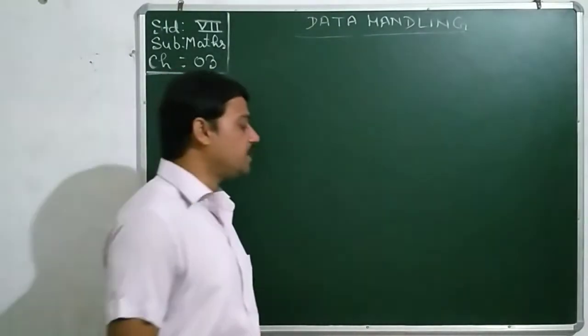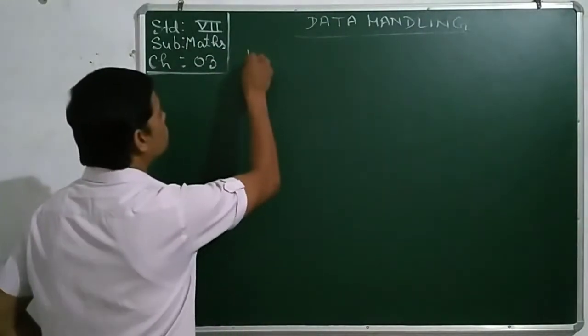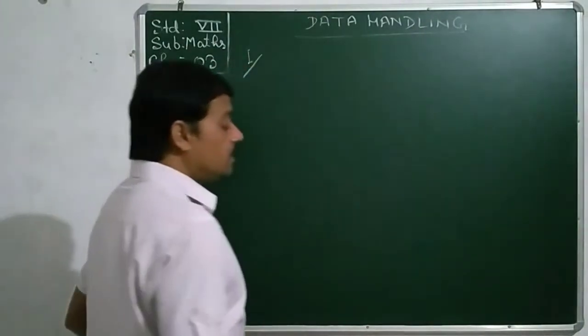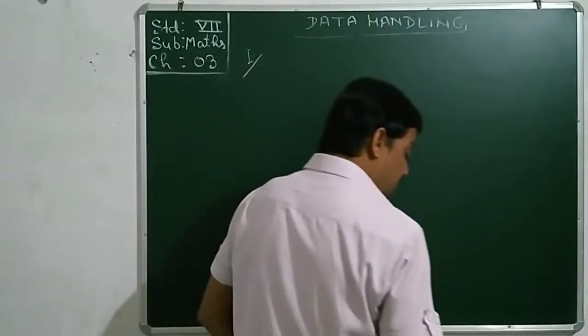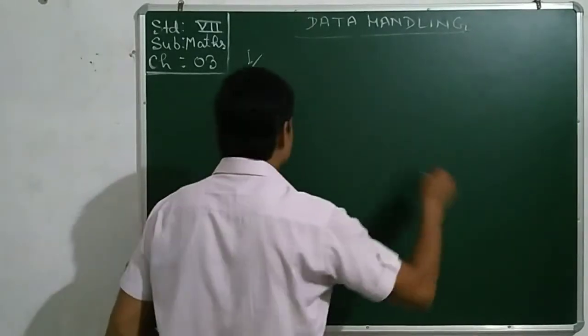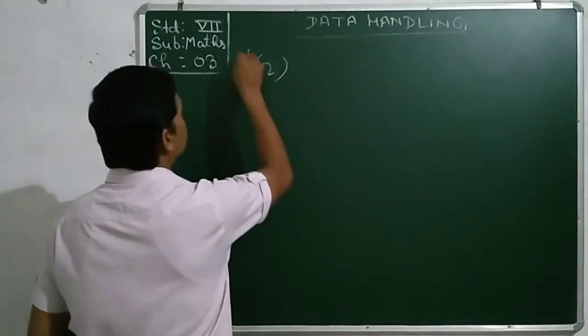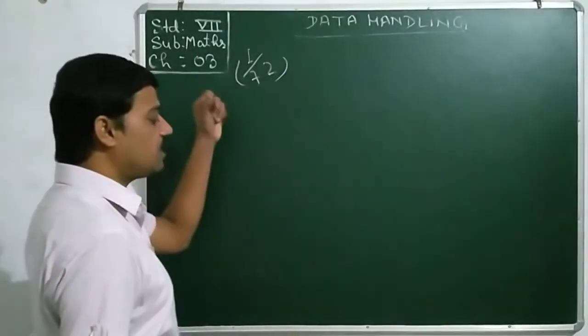Look at the first sum. It is on page number 72 in this book. The page number may vary in other books.